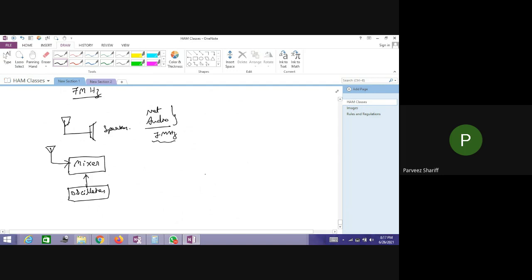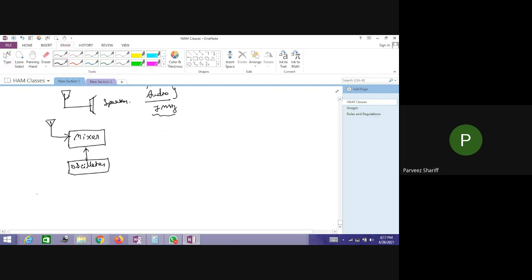Now I have to convert the 7 megahertz signal to 1 kilohertz. So what should I do? This local oscillator should have a frequency of 7 megahertz plus 1 kilohertz.